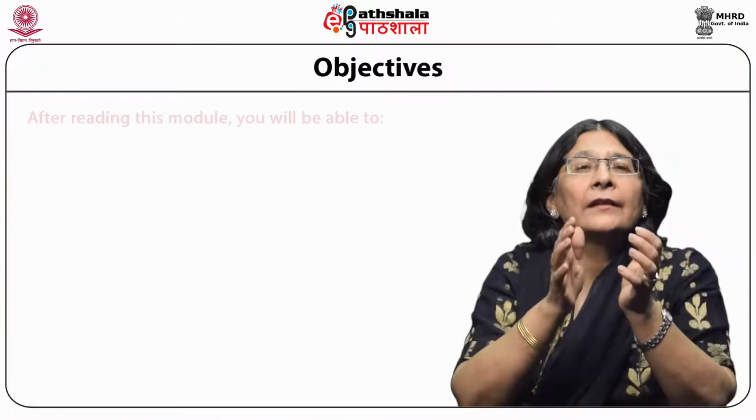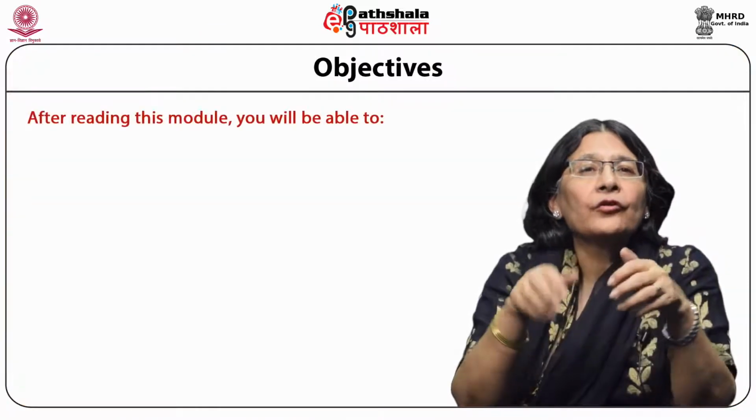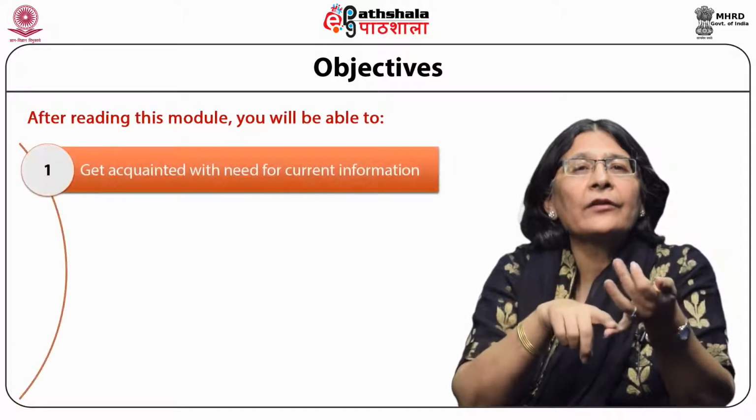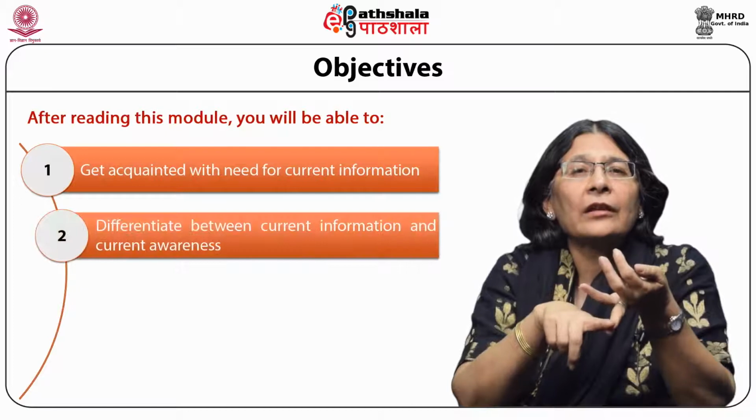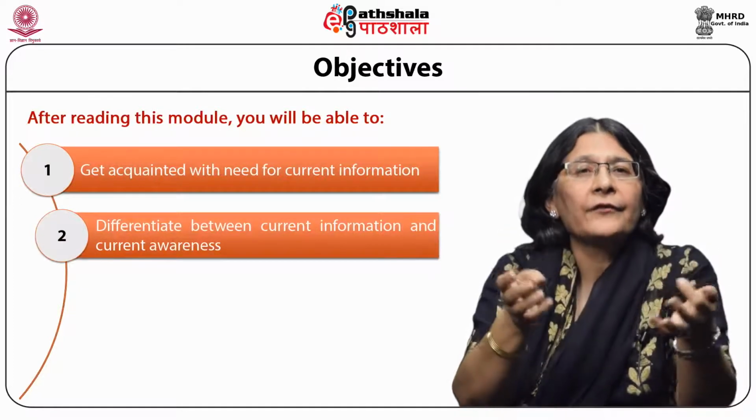This module identifies potential sources of information for societal and library trends so that current information requirements of the users are taken care of by the library and information organizations. After reading this module, you will be able to get acquainted with need for current information, difference between current information and current awareness.